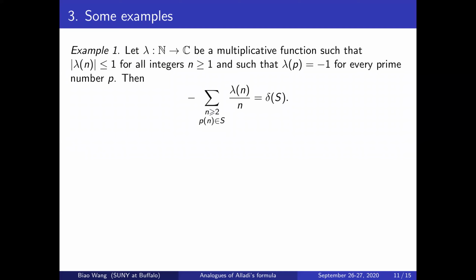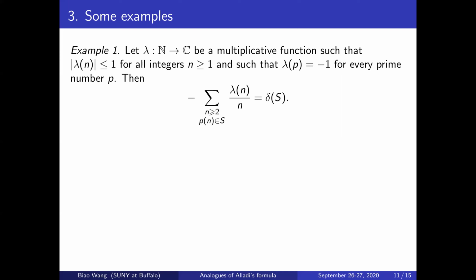Okay, so here are some examples. First, let lambda be a multiplicative function which is bounded by 1 and takes value negative 1 for every prime.